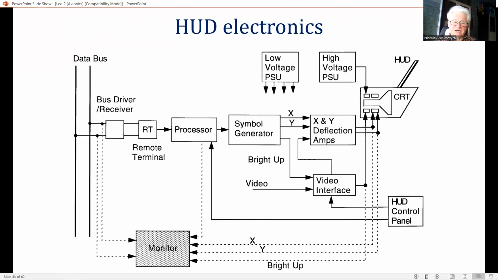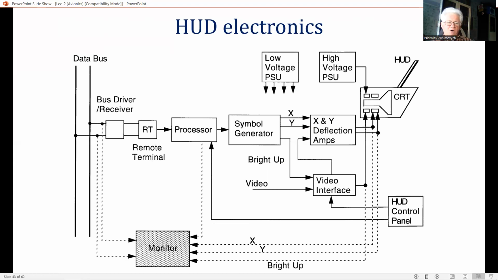The display unit contains the HUD optical assembly, CRT, display drive electronics, high and low voltage power supply. The electronic unit carries out the display processing, symbol generating, and interfacing to the aircraft system.